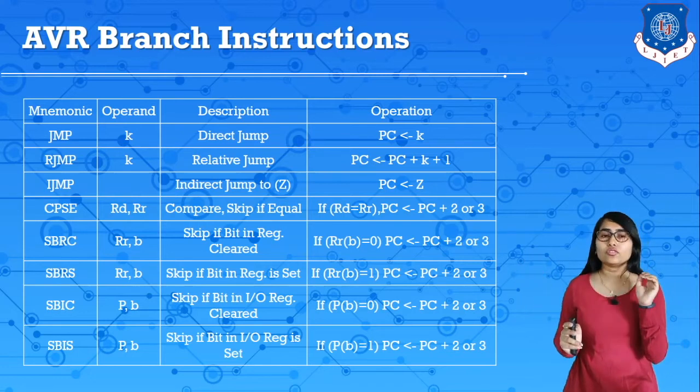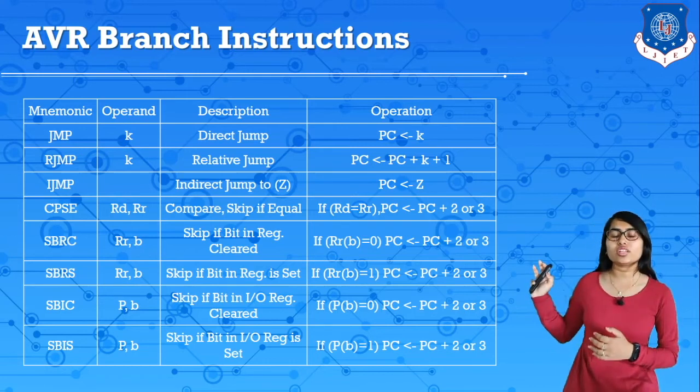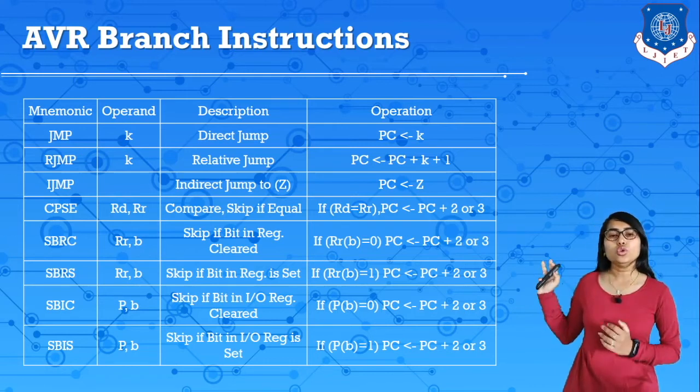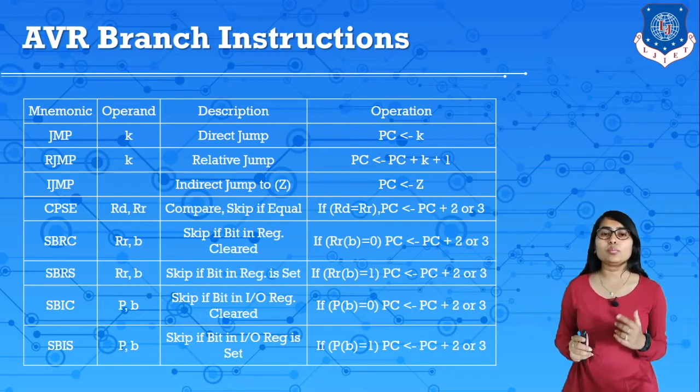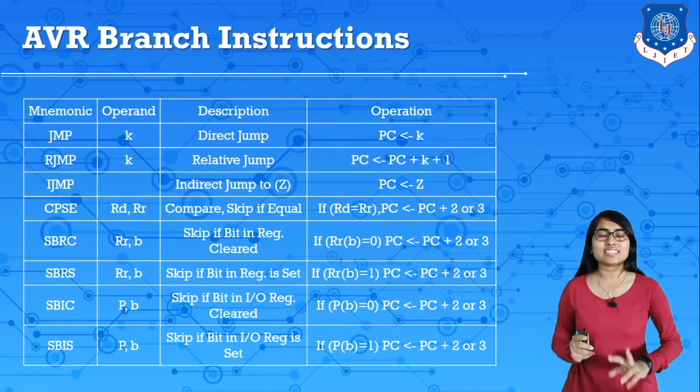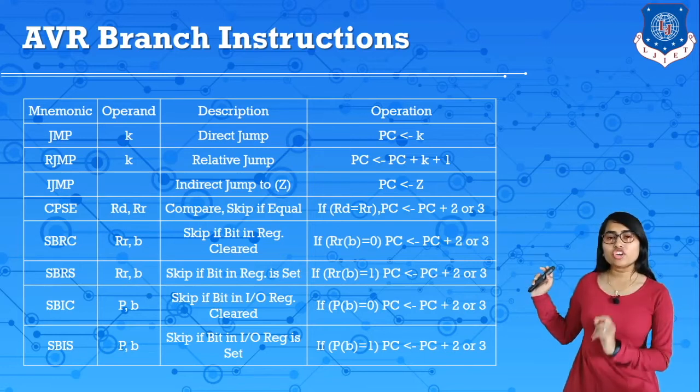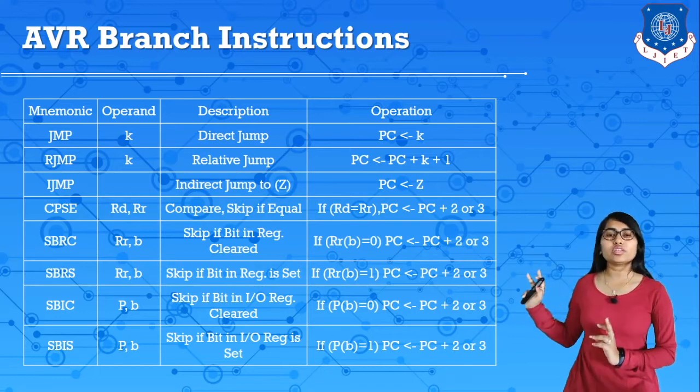So if the given bit is cleared, equal to 0, then program counter equals program counter plus 2 or 3. Next is SBRS, which means skip if bit in register is set: if the b-th bit in the register is equal to 1, then program counter equals program counter plus 2 or 3.